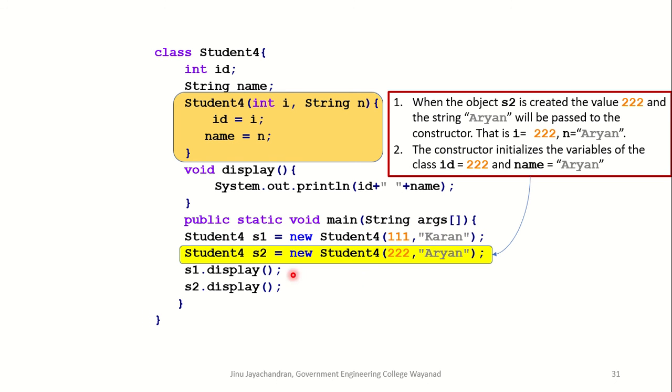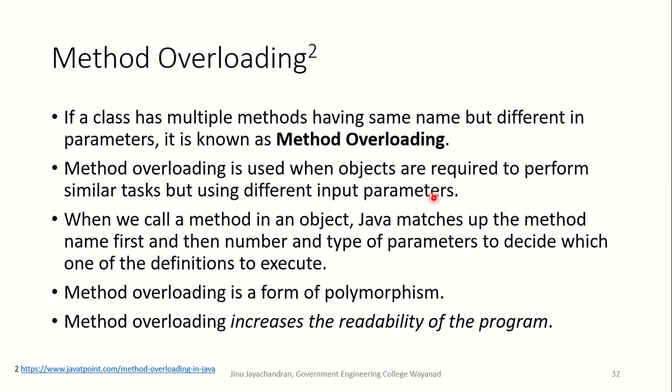Now when you're creating the object s2, you are again calling the constructor because you are passing 222 to i and rn to n. So for the s2 object, the value of the variable id is 222 and the value of name is rn. So that you have initialized. Now when you display it separately using two different objects, s1.display will give you id as 111, name as current. s2.display will give you id as 222 and name as rn.